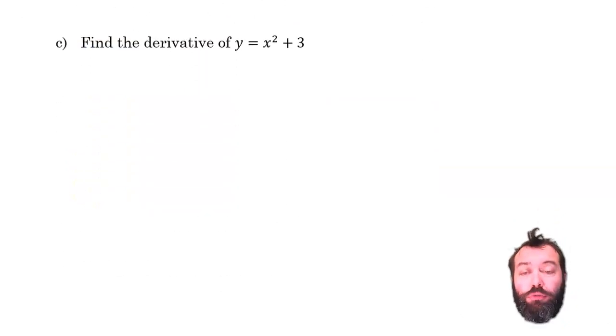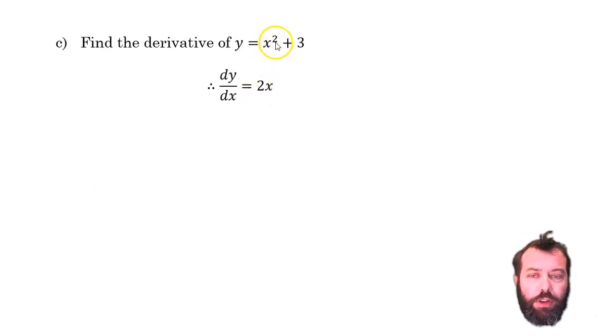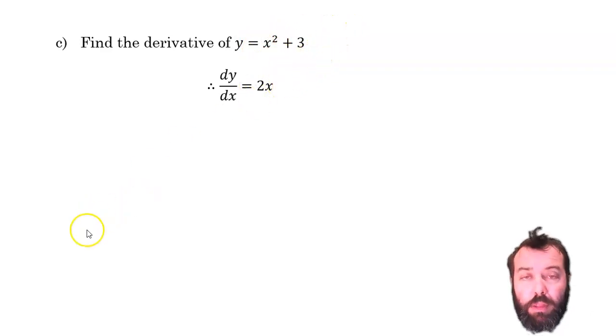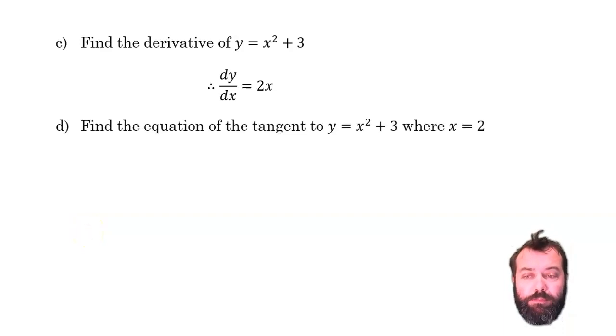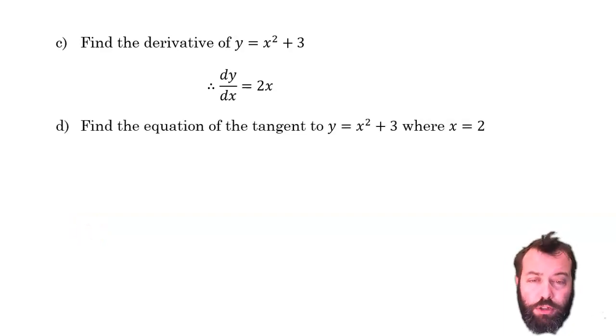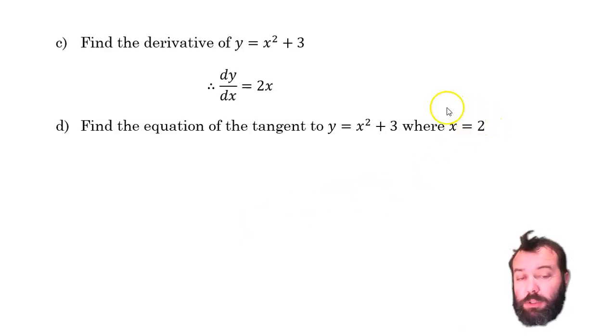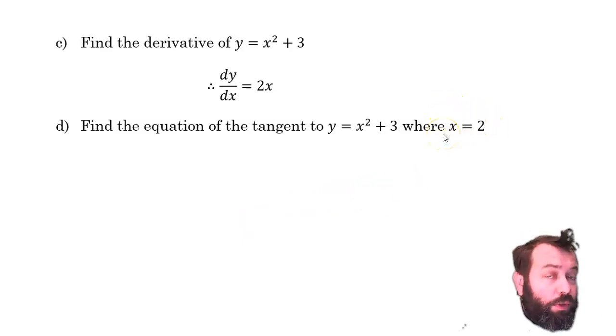Now we're asked to find the derivative of our function. So the derivative, 2 comes down the front, I get 2x, the 3 reduces to 0, so the derivative is 2x. How nice. Now find the equation of the tangent to my function where x equals 2. So it's not just where x equals 2, it's where x equals 2 and y equals 7.